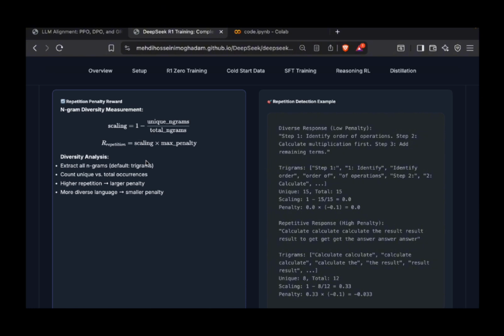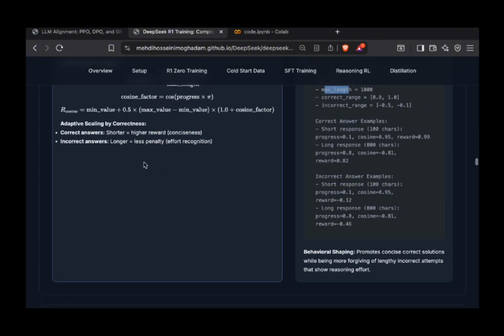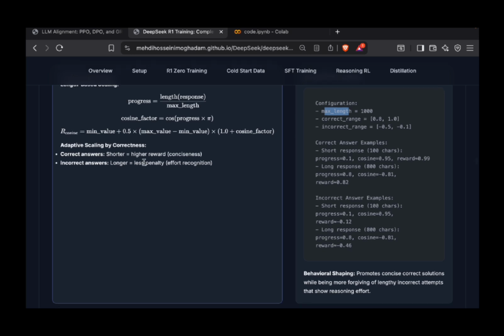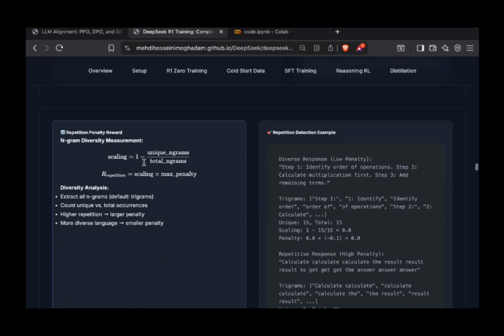So all these reward functions will be given to the model, and the model will be trained based on all of them with the GRPO method.